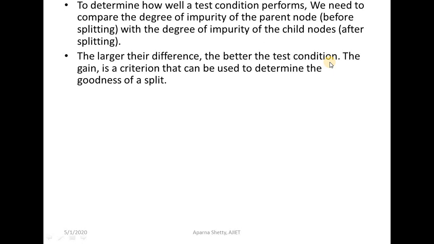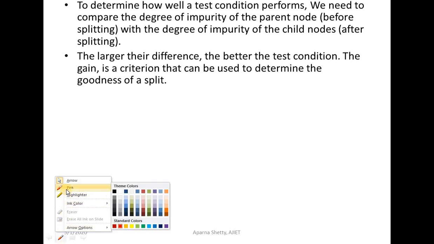So if the difference between the impurity of the parent and the impurity of the child is large, then the test condition is better. The difference is called gain. It is a criterion that can be used to determine the goodness of a split.